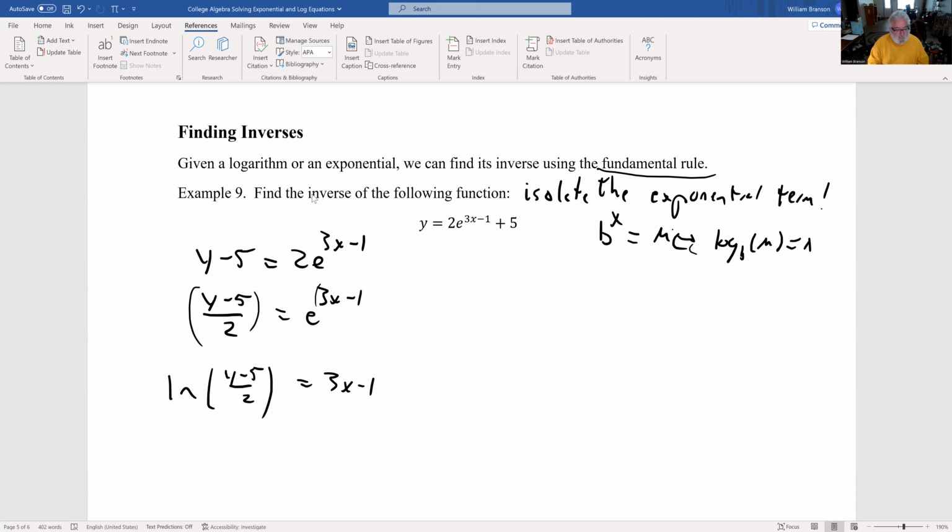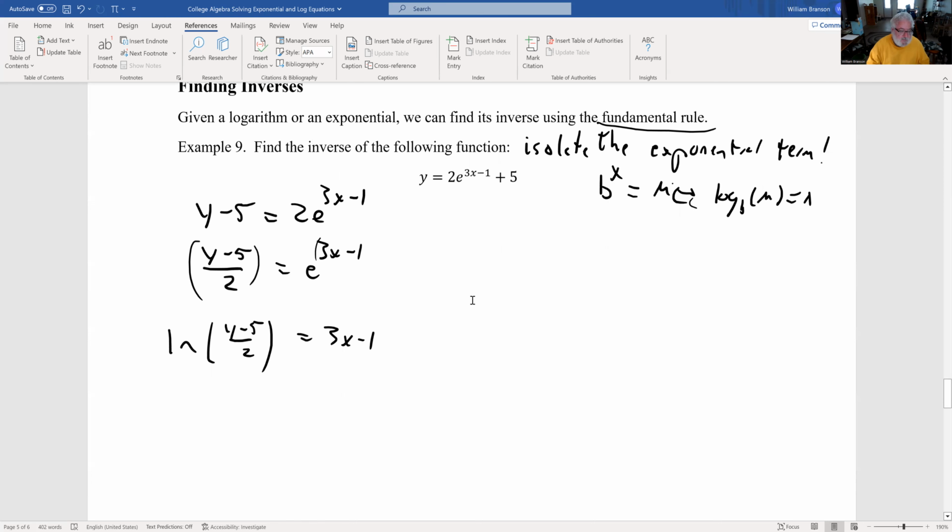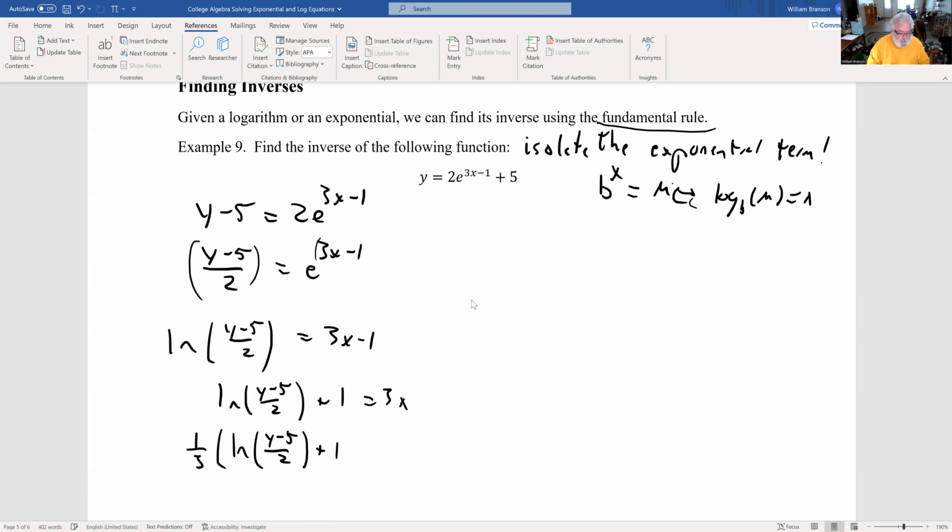Because base e logarithm is ln. And now we just want to solve for x. We'll add a 1 to both sides. And then we'll divide both sides by 3. Right? And dividing both sides by 3 is the same thing as multiplying by 1/3.